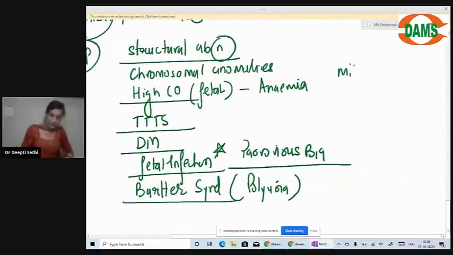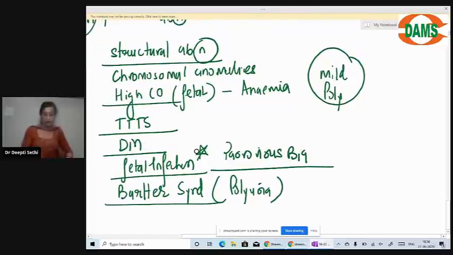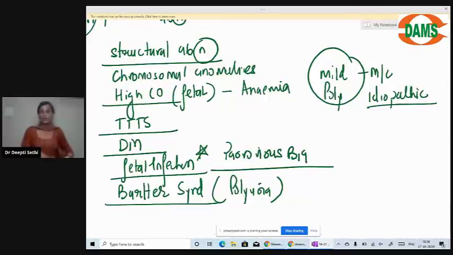In most cases, if it is mild poly, it would be none of these. Mild polyhydramnios most commonly is actually idiopathic. If it is mild, 40% of cases do not really have any underlying cause. They do not have any poor outcome of pregnancy, and you do not need to do anything specific for it. But you definitely need to rule out these things if you come across moderate to severe polyhydramnios.